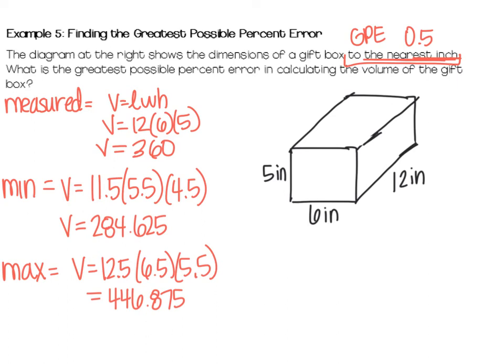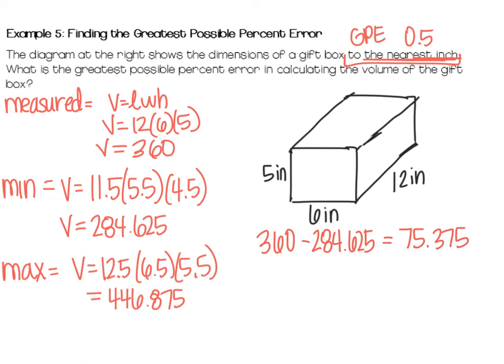So what I need to do is take the difference between the actual volume and the minimum volume, the actual volume and the maximum volume. So first I'll do 360 minus 284.625, and I get 75.375.